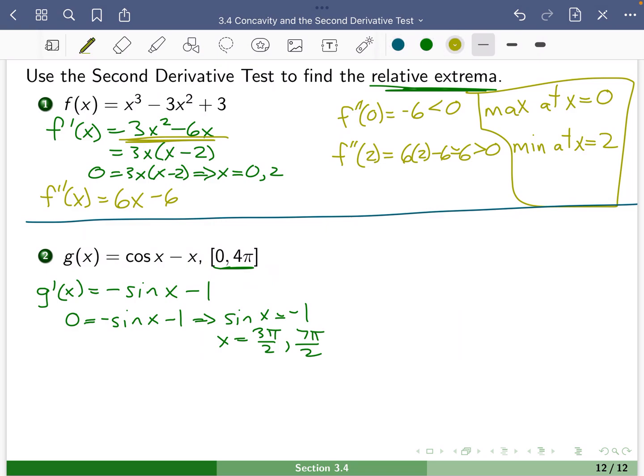Now we are going to take our second derivative. So we're taking the derivative of the first derivative. So the derivative of negative sine x minus 1 is negative cosine x. What are we going to do with that?